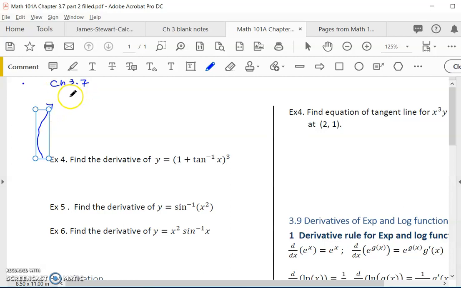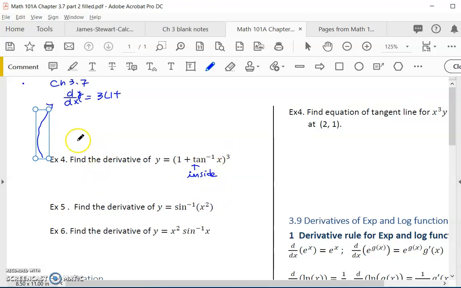We would say dy dx of this would equal the derivative of the inside with the outside cubed. So use the general power rule of 3, let's say this is the inside function and the outside is a cube.